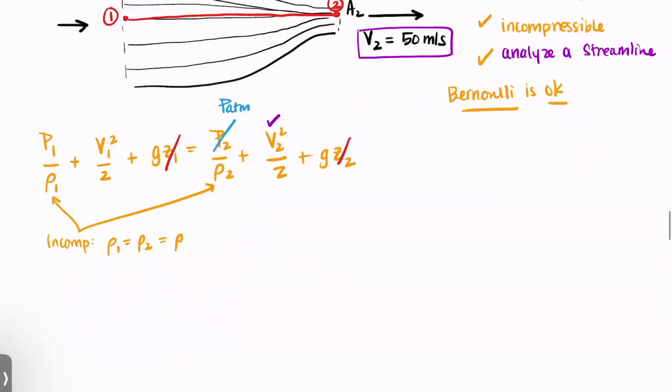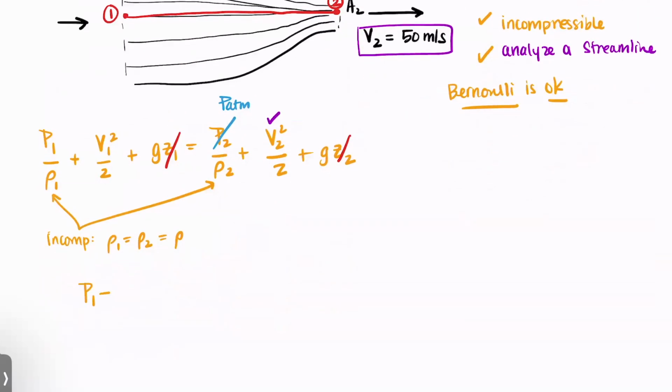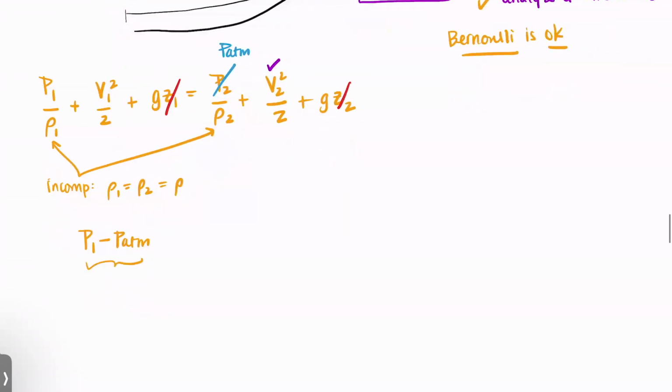Okay, so I'm going to solve this for P1 minus P atmosphere because we want to find the gauge pressure at P1. That's what this is. All right, so we have V2 squared minus V1 squared divided by 2, and this whole quantity times rho.